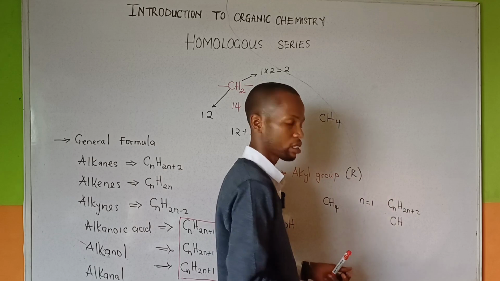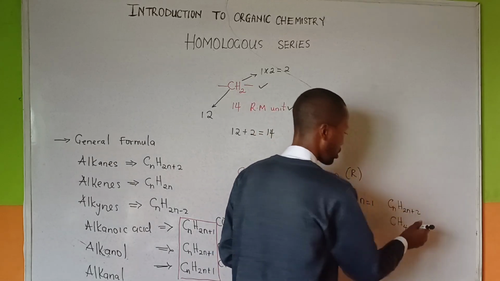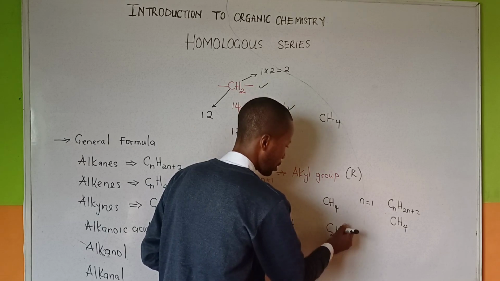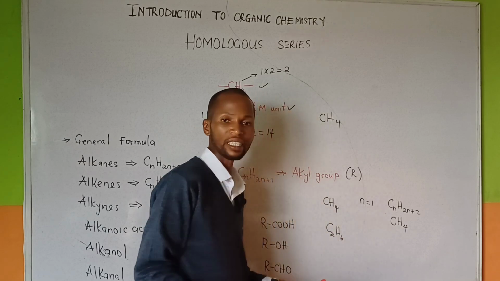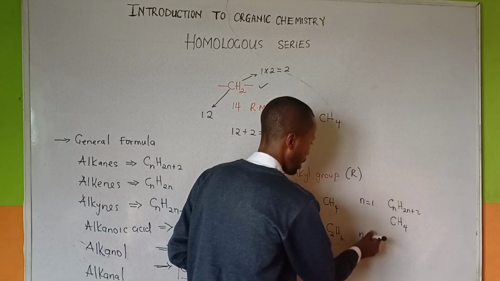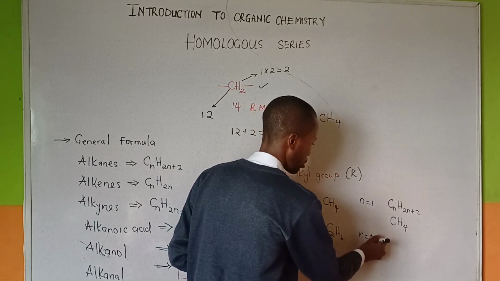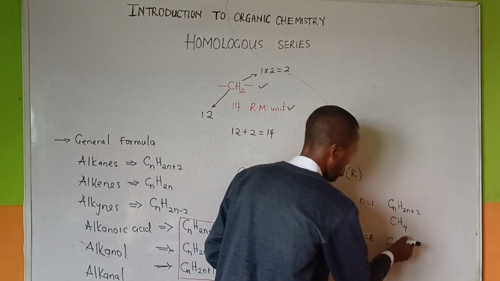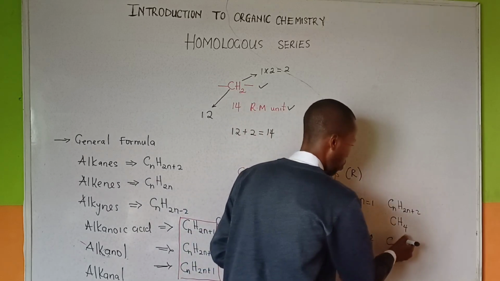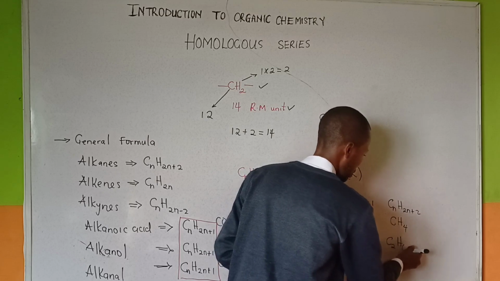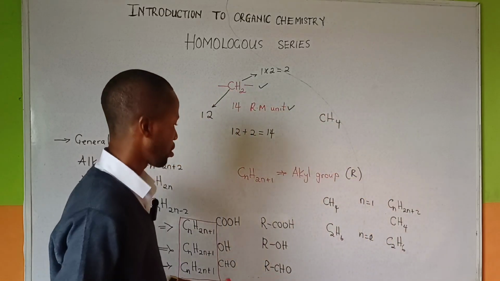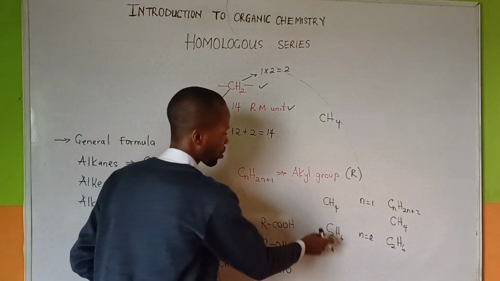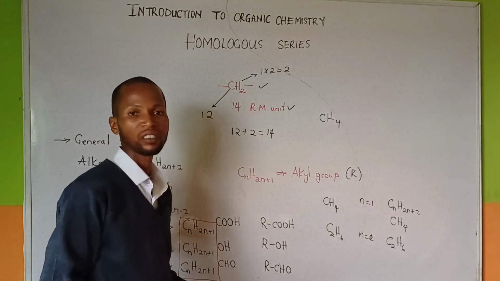H2 times 1, that's 2, plus 2, we have CH4. Okay, the next one being ethane. The value of n equals 2. So we have C2, 2 times 2, we have 4 plus 2, that's 6. C2H6. So we can equally use this method to deduce the molecular formula of every member of the series.